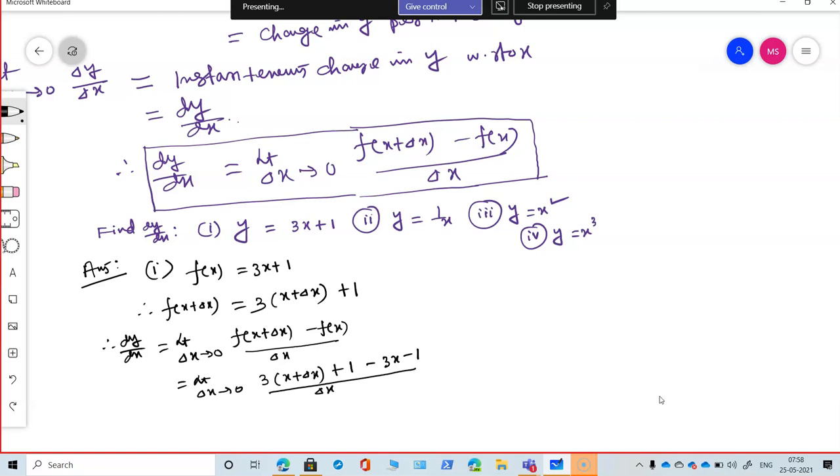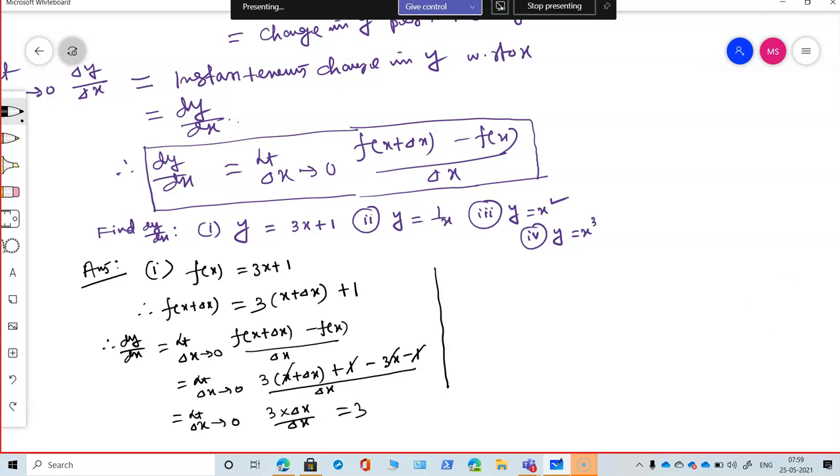Okay. So this thing, if you simplify, is going to be limit delta x tending to 0. This 3x gets cancelled, 1 also gets cancelled. This is 3 into delta x by delta x. Answer is 3.